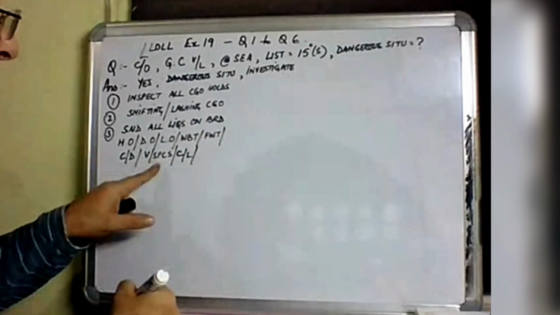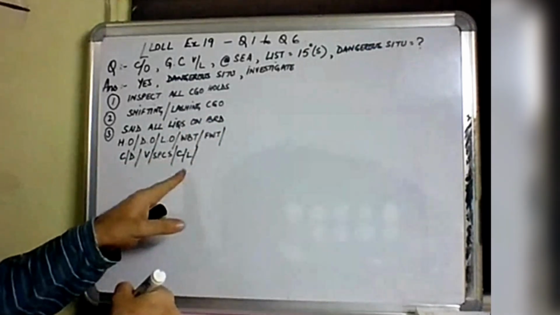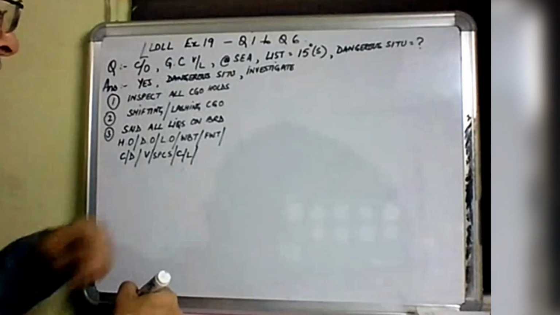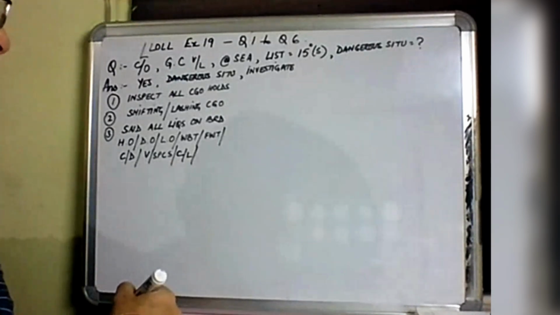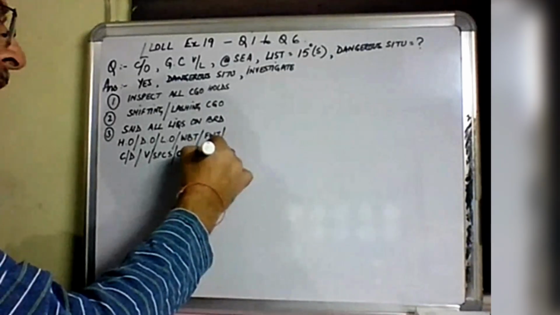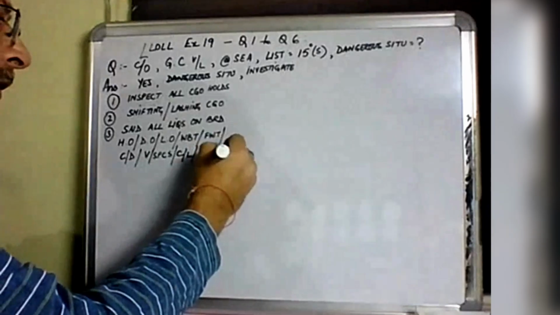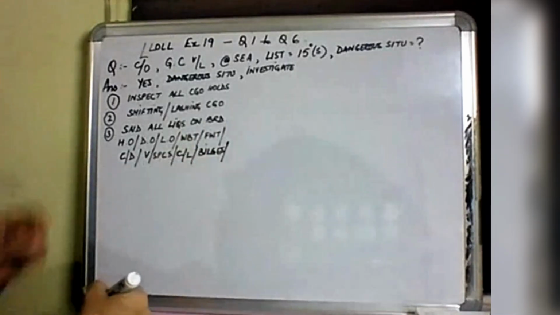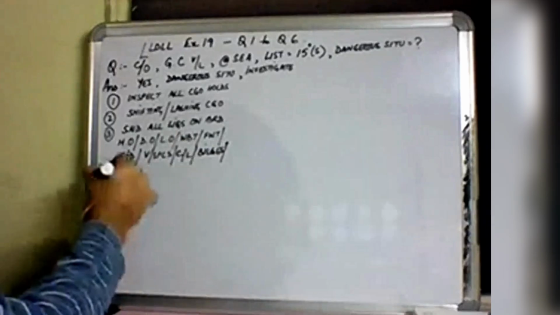Coffer dam, void spaces, chain locker. Anything else? Bilges. So you'll sound all of this.